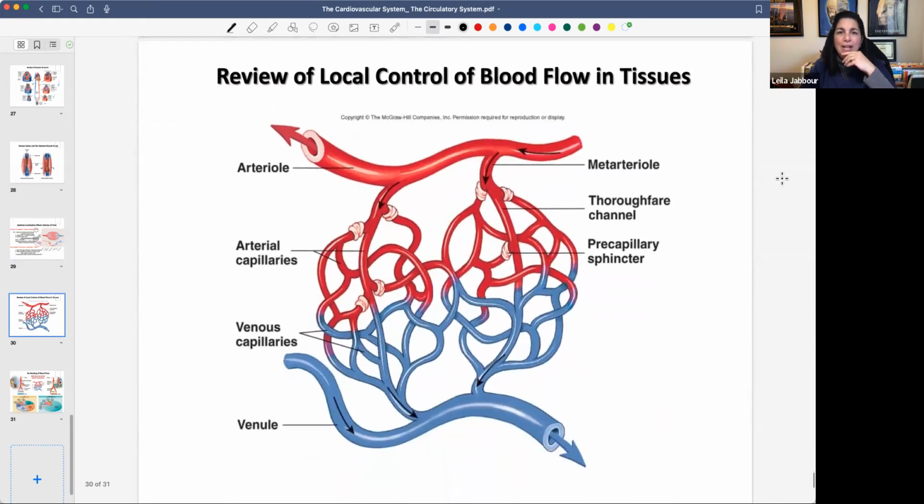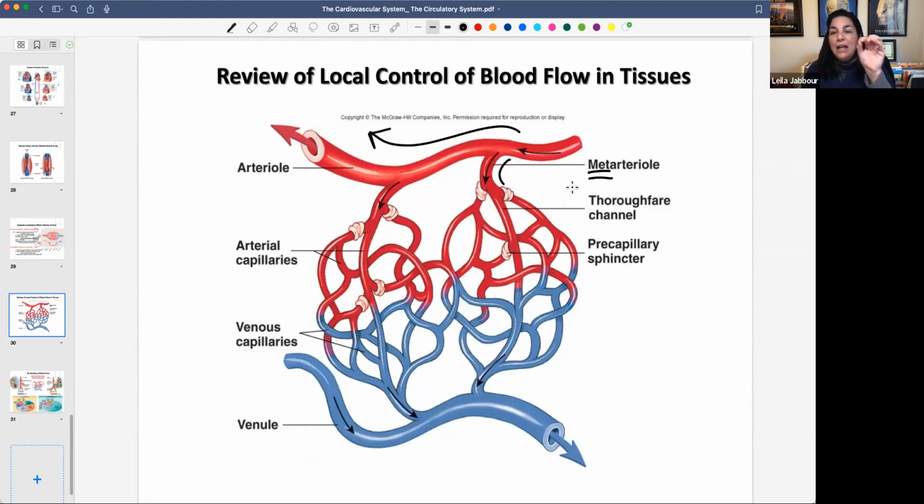Okay, so the last 2 slides have to do with this local control of blood flow in the tissue. I want to show you how important this is. I told you earlier, arterioles pass through with this oxygenated blood, great. And you have meta-arterioles over here, basically your vessels between the arterioles and the capillaries in the capillary beds.